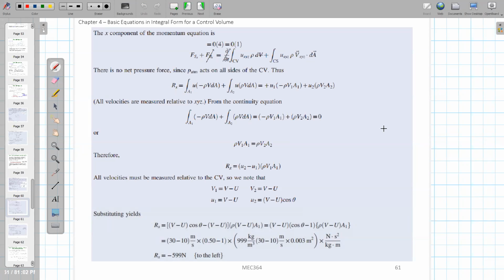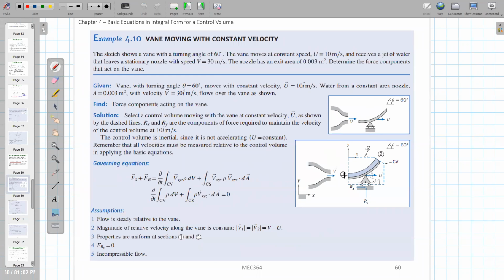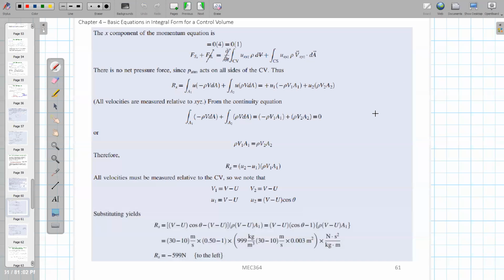If we do this integration on the two parts, and assume that the velocity distribution at the inlet and outlet is uniform, we can directly write that this is equal to minus u1 times rho V1 A1 plus u2 times rho V2 A2.